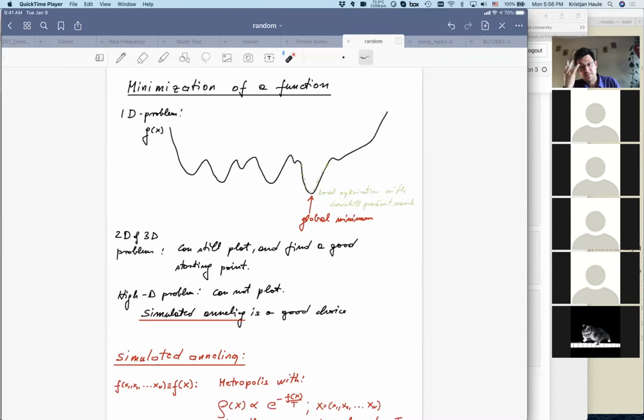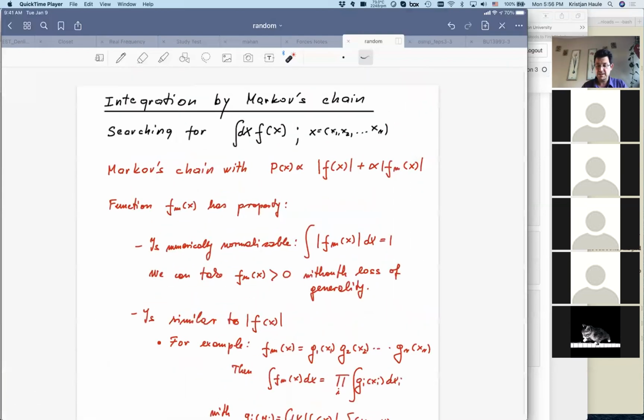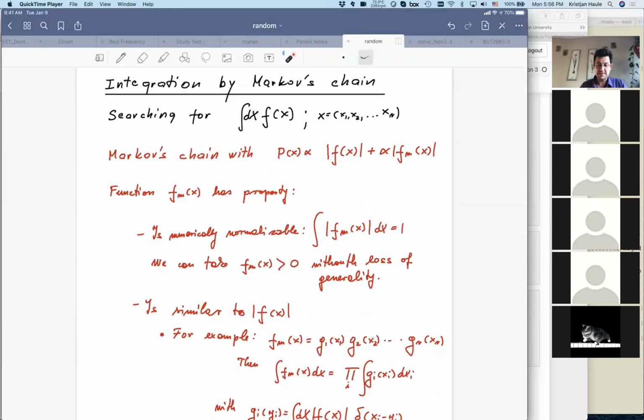One most well-known is finding minimum of a very high-dimensional function. So minimization of a function. And then finally, one less known but still important is integration of high-dimensional functions.